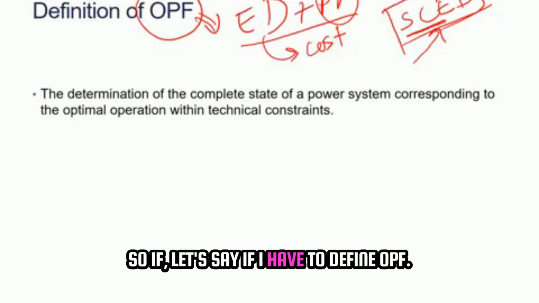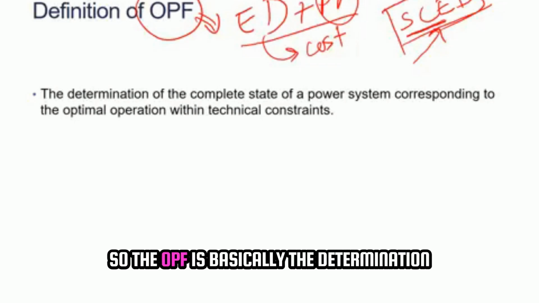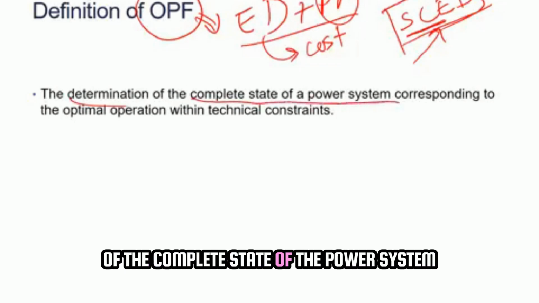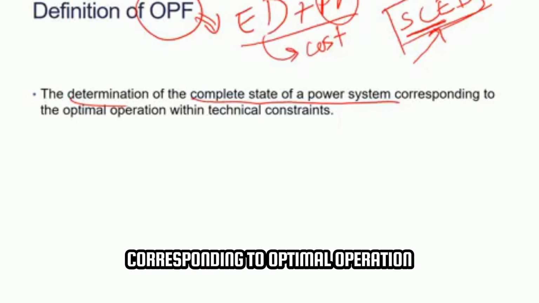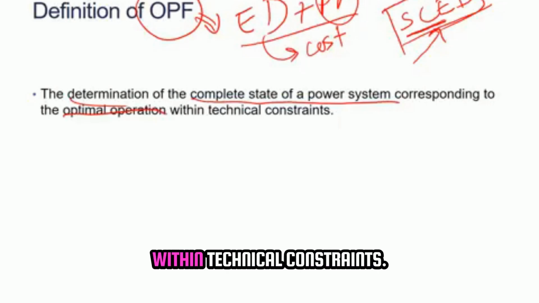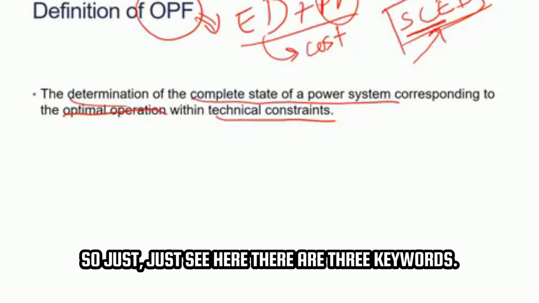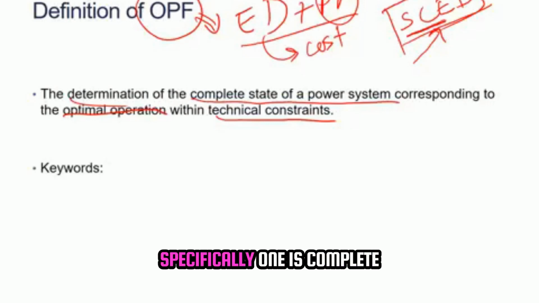So if I have to define OPF, the OPF is basically the determination of the complete state of the power system, corresponding to optimal operation within technical constraints. Just see here, there are three keywords specifically.